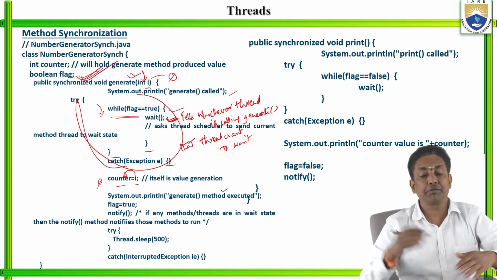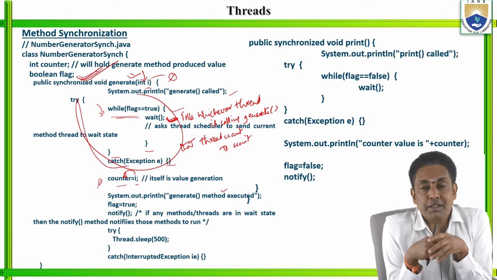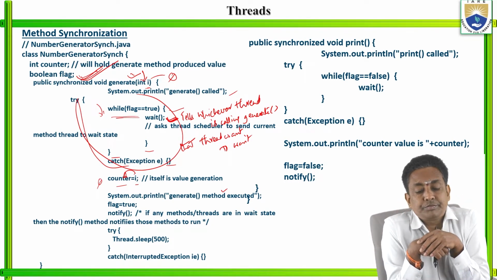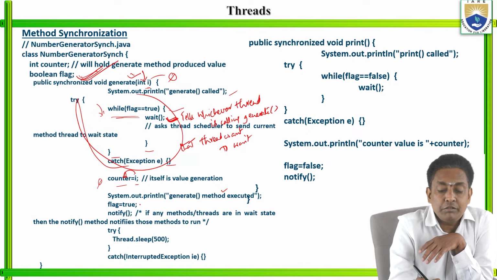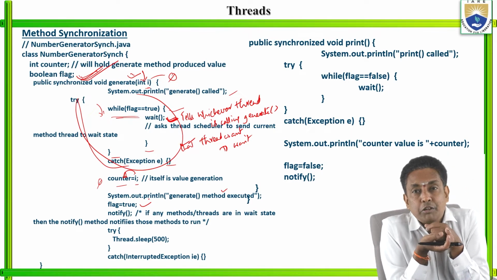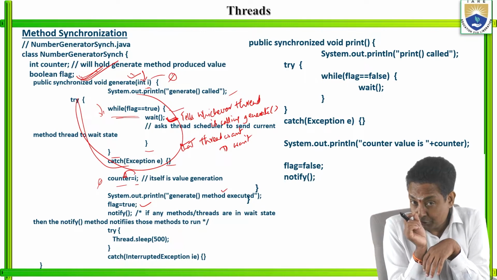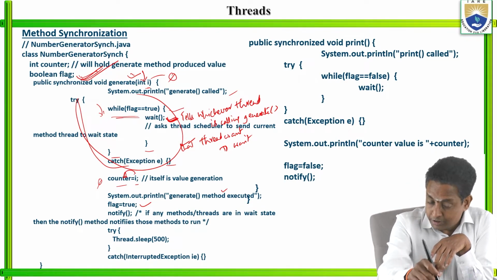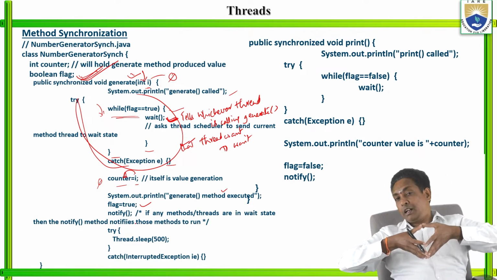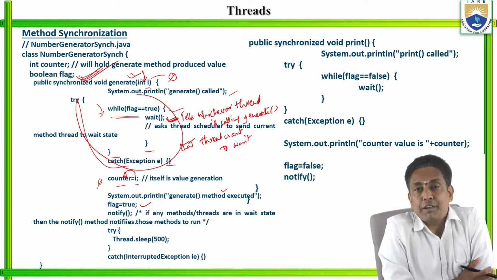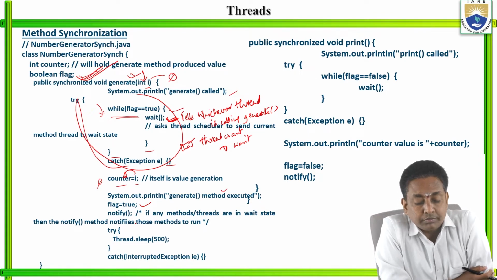By receiving it from somewhere, the generate method assigned that value to the counter variable. That means one value is generated. Immediately we made the flag value true, because the generate method execution is completed. It has produced one value, and to indicate that we made the flag value true.